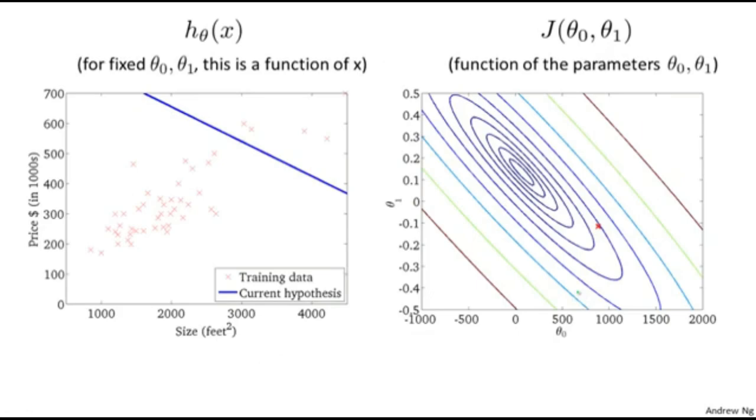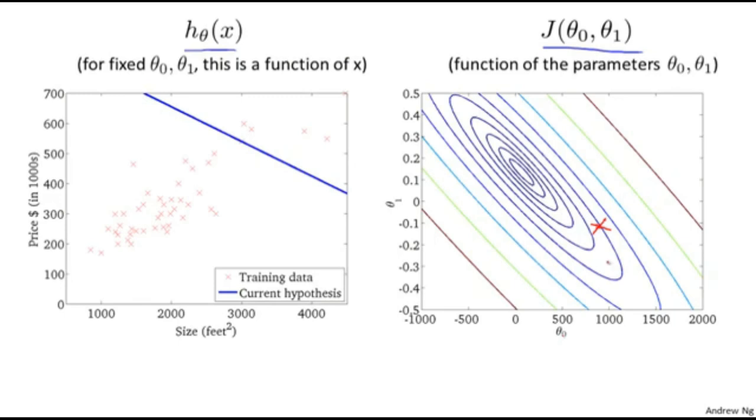So now let's see this algorithm in action. As usual, here are plots of the hypothesis function and of my cost function J. Let's say I've initialized my parameters at this value. Usually you initialize your parameters at 0, that is, theta 0 and theta 1 equal 0.